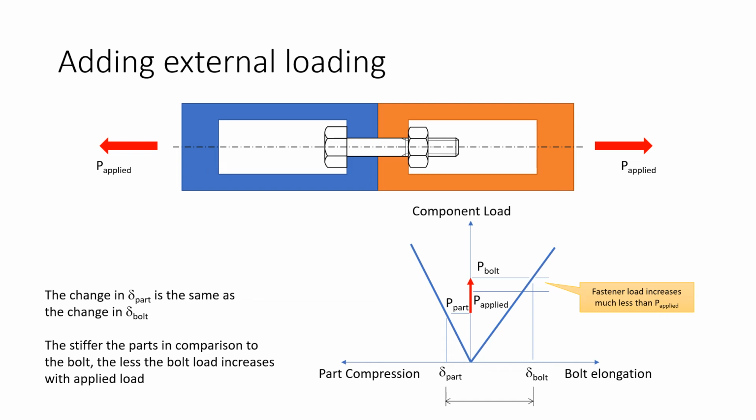The stiffer the parts are in comparison to the bolt, the less the bolt load increases with applied load. In fact, if the parts were considered infinitely stiff in comparison to the bolt, when you apply a load, the bolt wouldn't see any increase in load until the parts become completely unloaded. But we'll go on to that next.